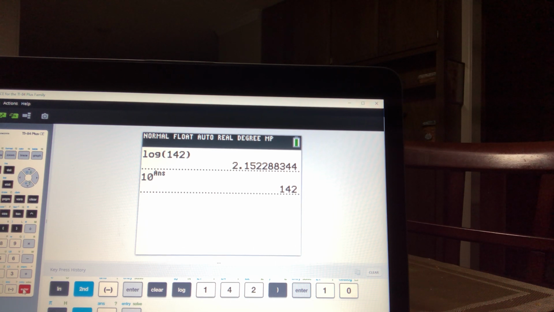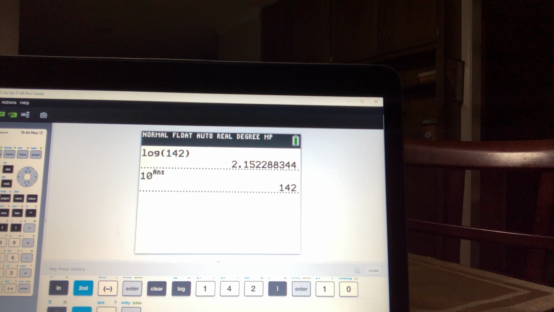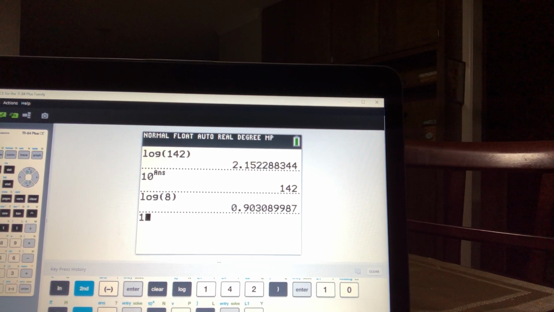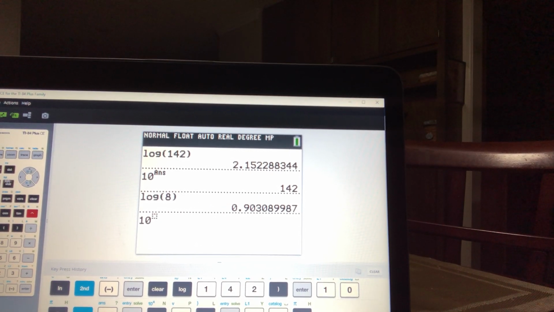Okay, so for B, it's the log of 8. So you would put log 8, and that's it. You would get this number rounded to the thousandths place: 0.903. So that's your answer. But I want you to understand what it means. It would be 10 raised to the power of that number.